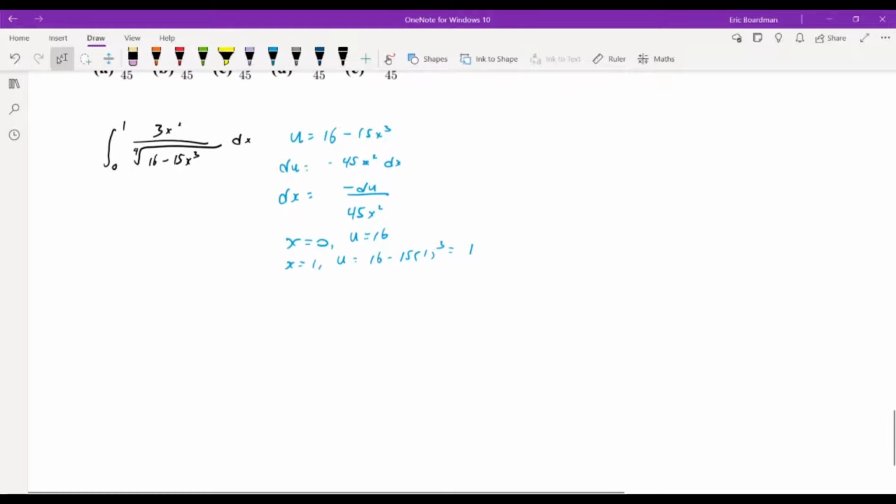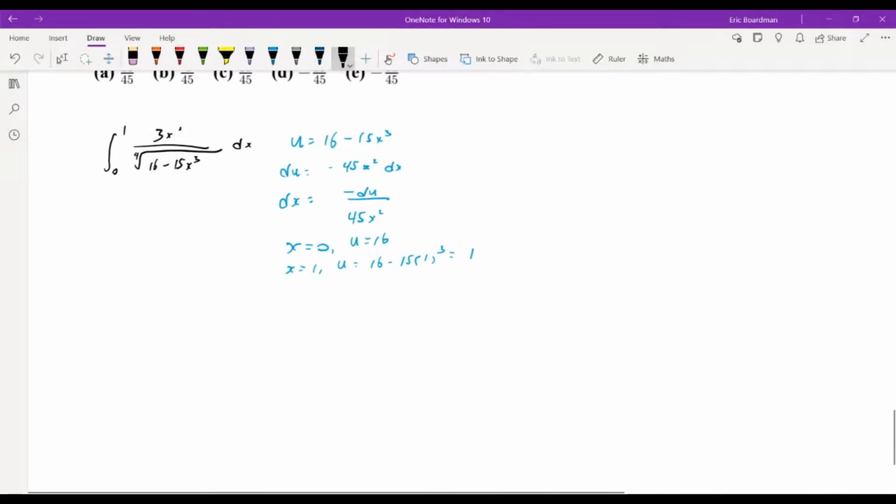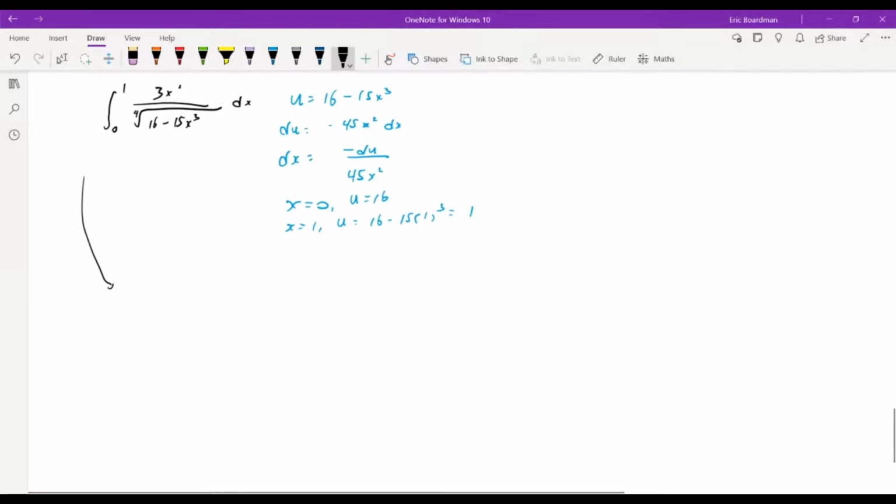Now we have different bounds of integration. When x equals 0, u equals 16, and when x equals 1, u equals 1.